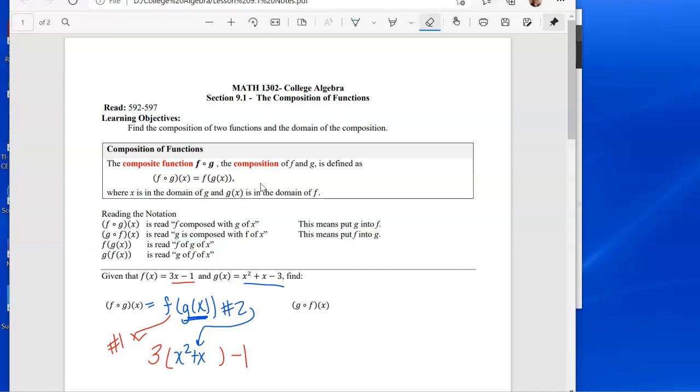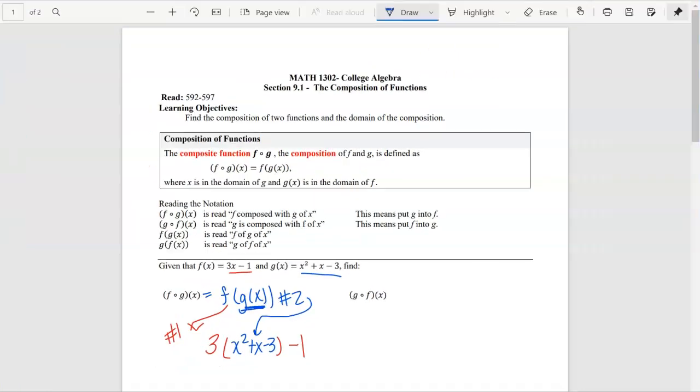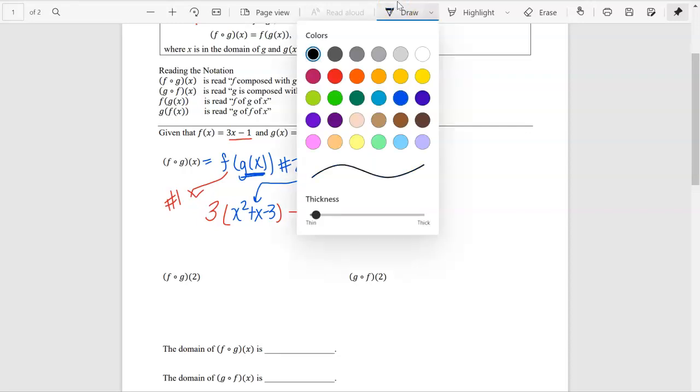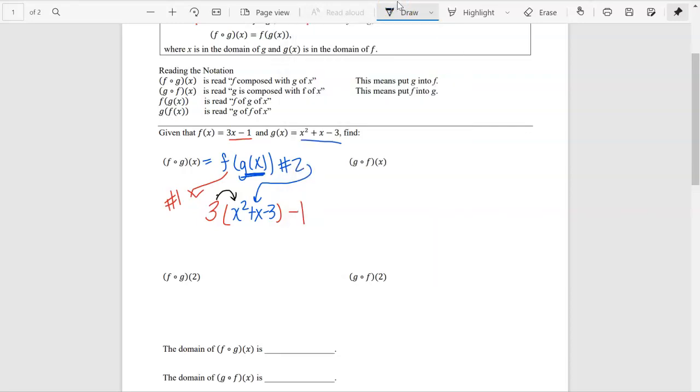After that, all that really is left is for you to simplify this. You want to do that by distributing this 3 to everything inside the parentheses.